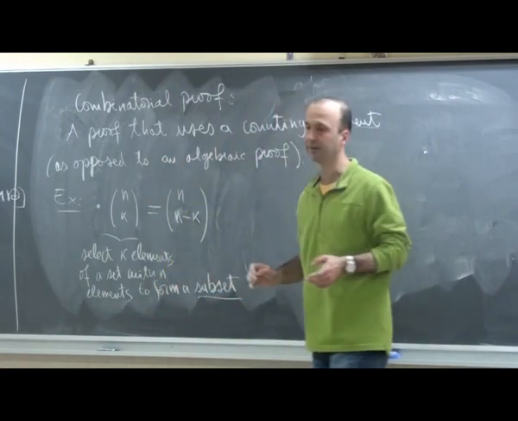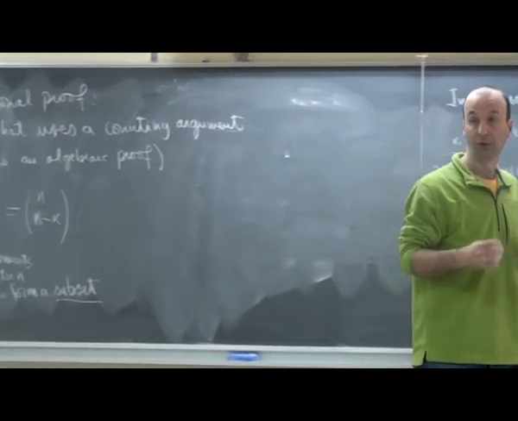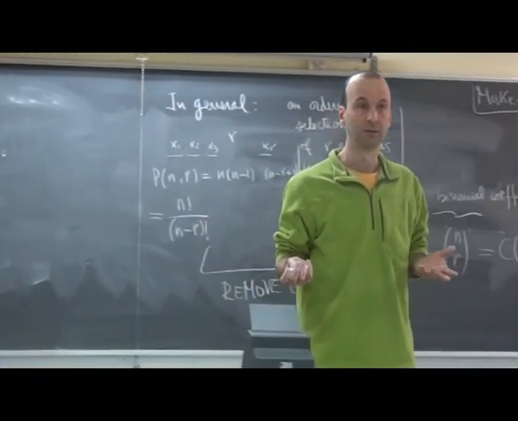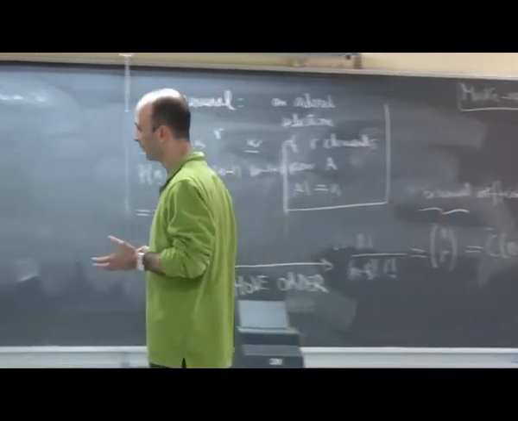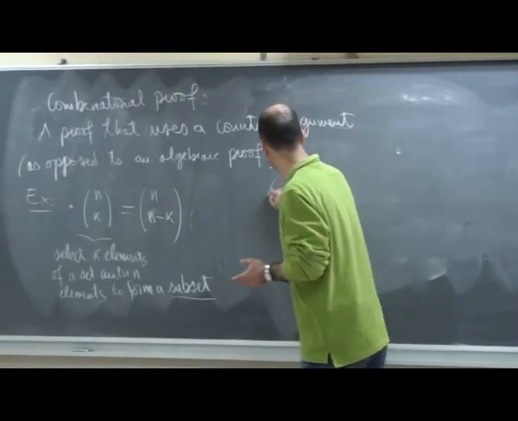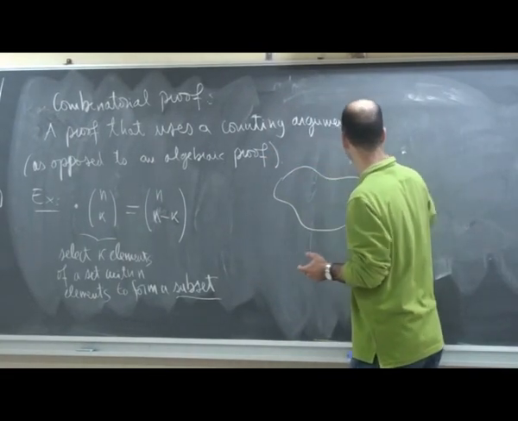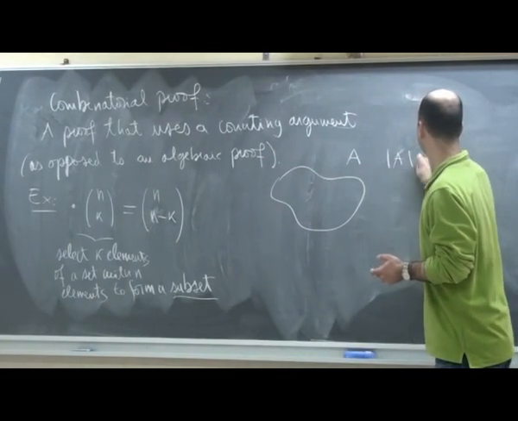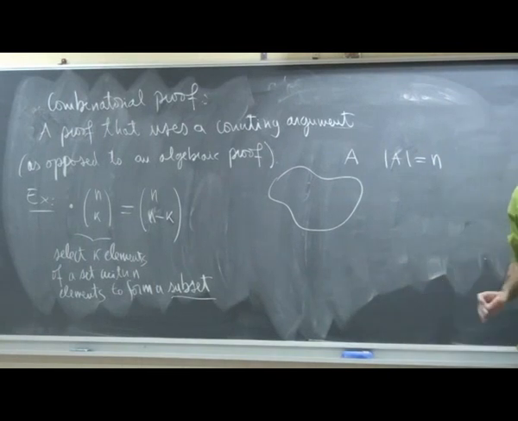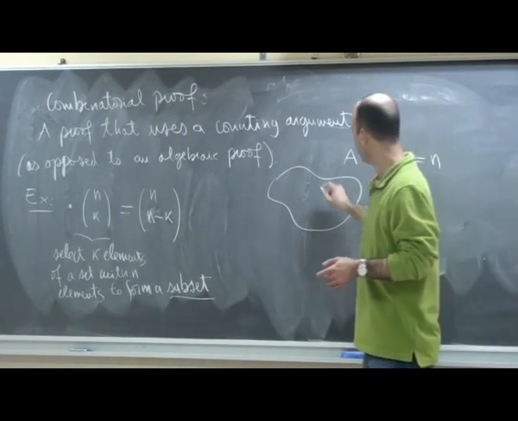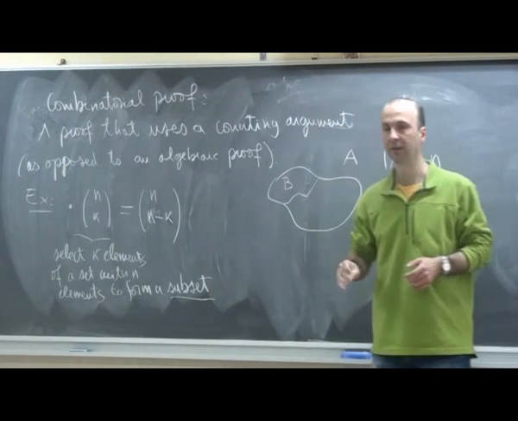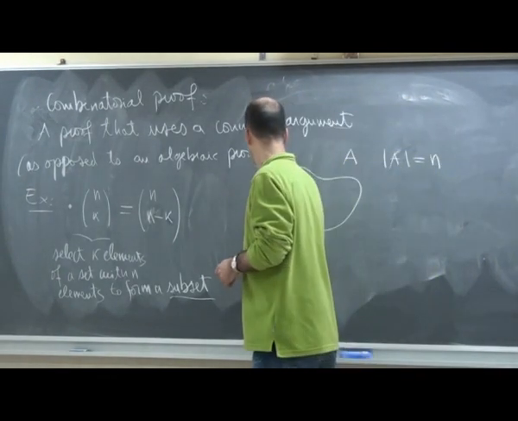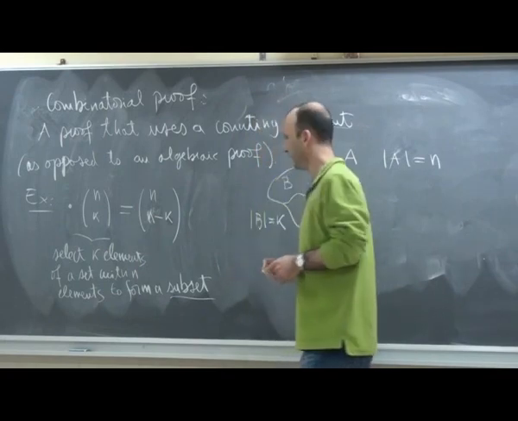To form a subset, because subsets don't have order. Right? So basically, here I have my set with n elements, and I'm going to select a subset B with k elements.